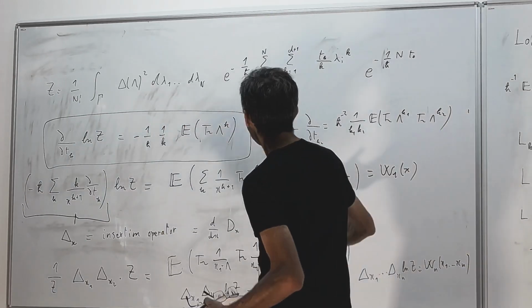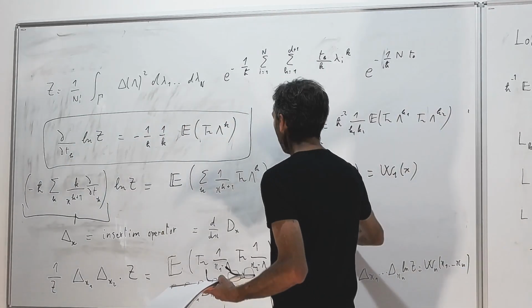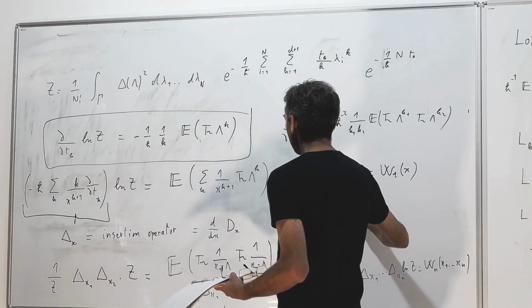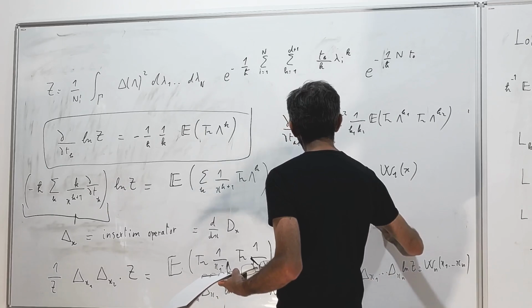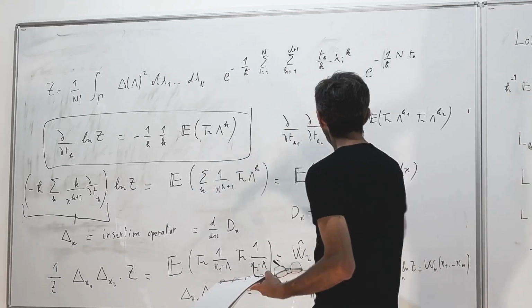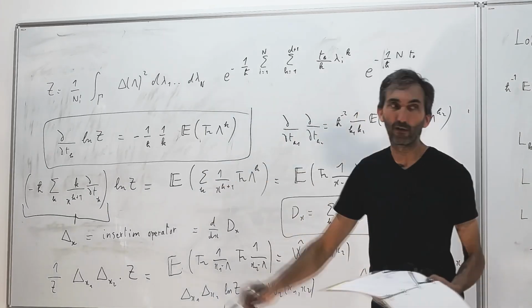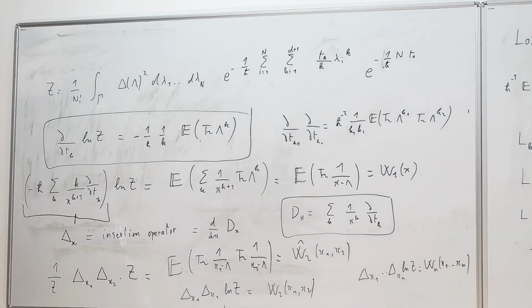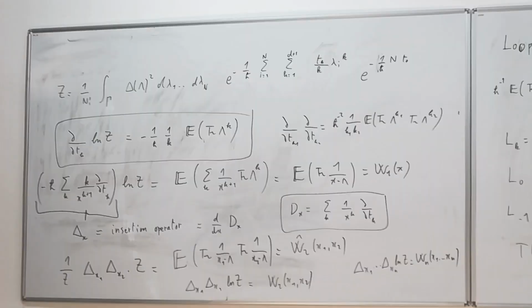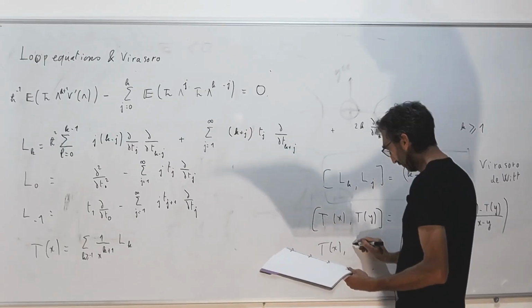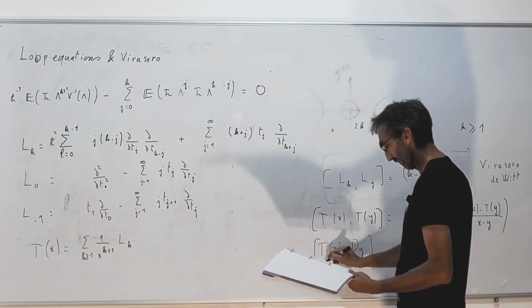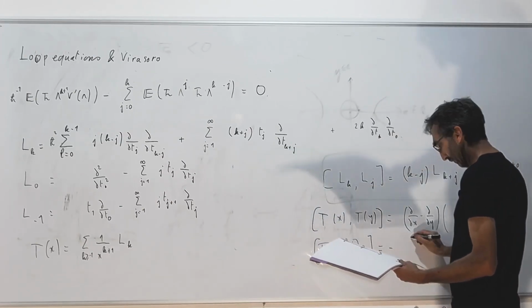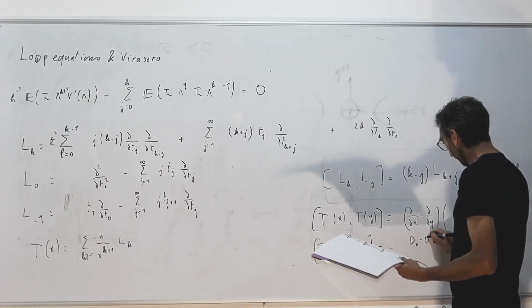And so Dx is the operator sum over k of 1 over x to the k, d over dtk. So it's the primitive of delta x. Okay? And you have some nice relations as well: T of x commuted with Dy is minus (Dx minus Dy) over (x minus y).